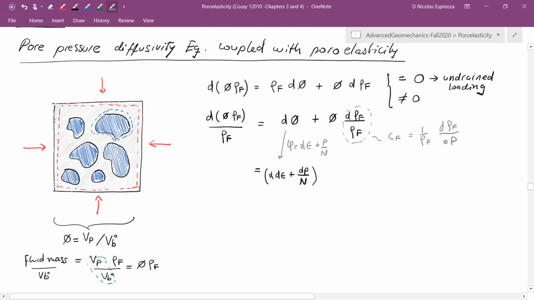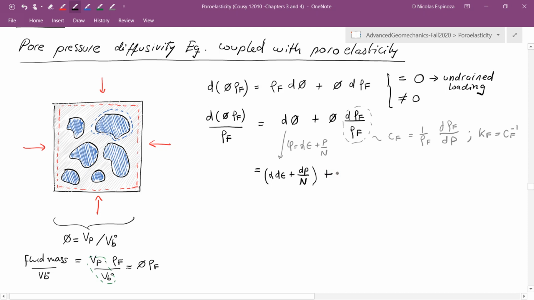And with this definition, and together with the definition of a bulk modulus, which is the inverse of the compressibility of the fluid, I can rewrite this term just by moving this change of pressure and talking about compressibility in terms of bulk modulus.